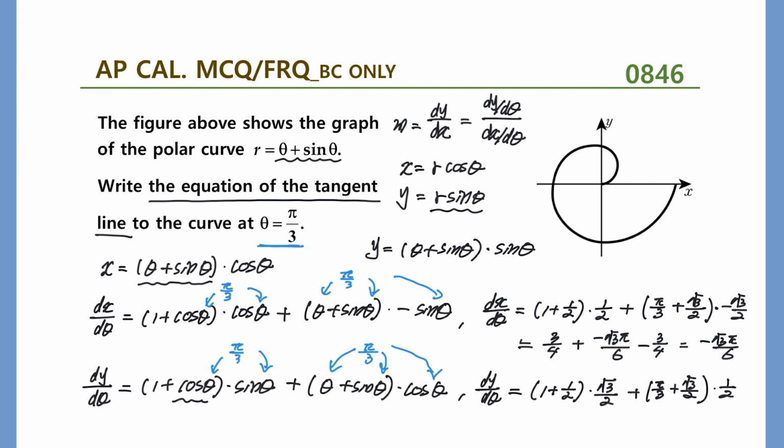So that's going to be equal to 3 over 2 then root 3 over 4, plus pi over 6, plus root 3 over 4. That's pi over 6 plus 3 over 4 root 3, plus 1 over 4 root 3. If we add those two terms, that's 4 over 4 root 3, which is just root 3. So plus root 3.